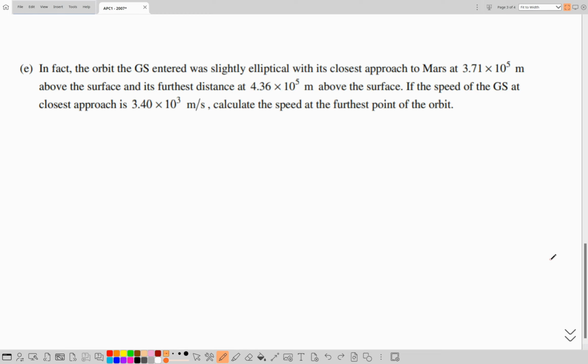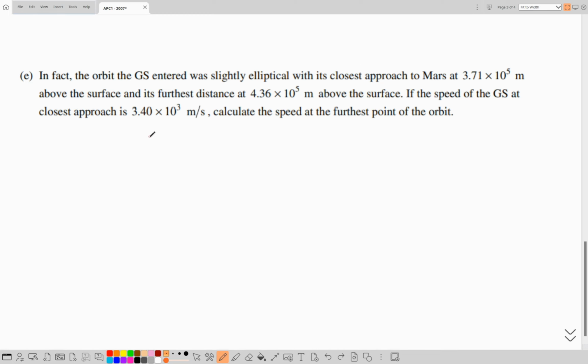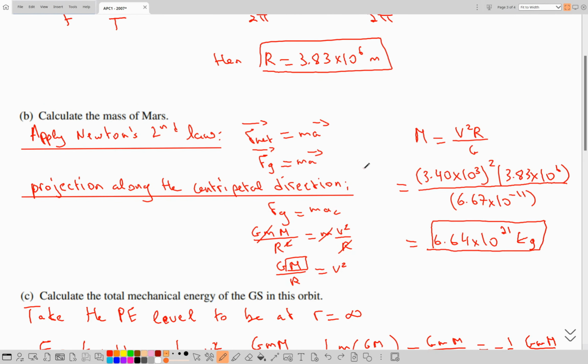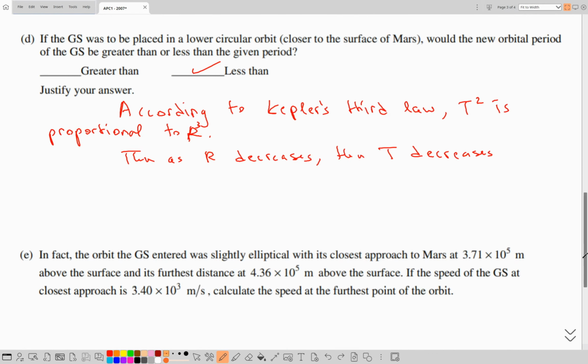Now for the final part of this exercise, in fact, the orbit the GS entered was slightly elliptical with its closest approach to Mars at 3.71 times 10 to the power 5 meters above the surface. Now here there are two things that are very important for us. Elliptical means that the orbits are not circular anymore and these relations break down.